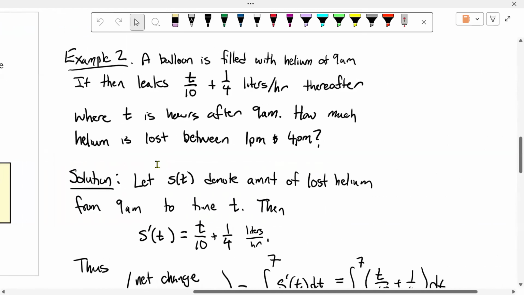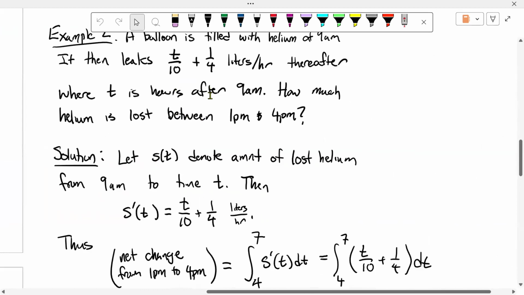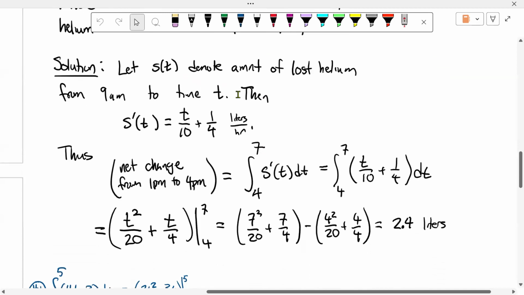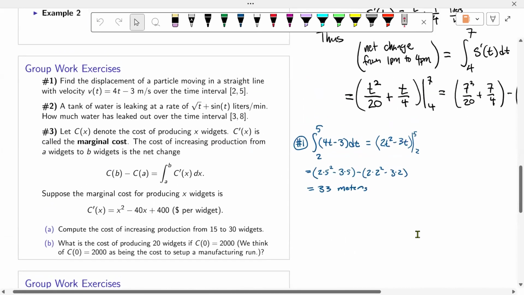We did an example with a balloon filled with helium at 9 a.m. We were told that it leaks helium at this rate, which is our rate of change, and we're asked how much helium is lost between 1 p.m. and 4 p.m. We let S represent the amount of helium lost as of time t, and we're told what S prime is. We simply integrated over the appropriate interval and got 2.4 liters. And so that's that.